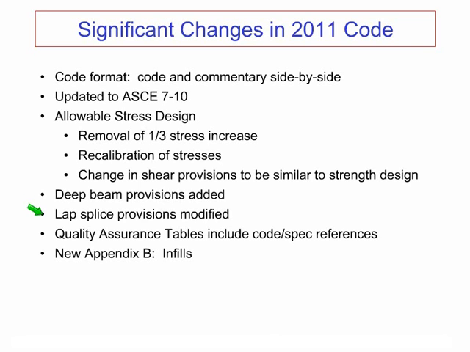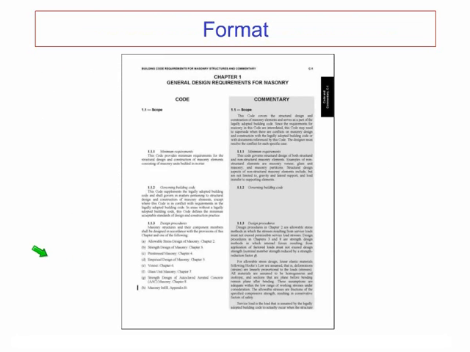In particular, there is now the option, if you have transverse steel to the lap, that you are allowed a reduction in your lap splice. That's based on testing that showed that the transverse steel provided confinement. Quality assurance tables do include code and spec references now, and there's also a new appendix on infills.